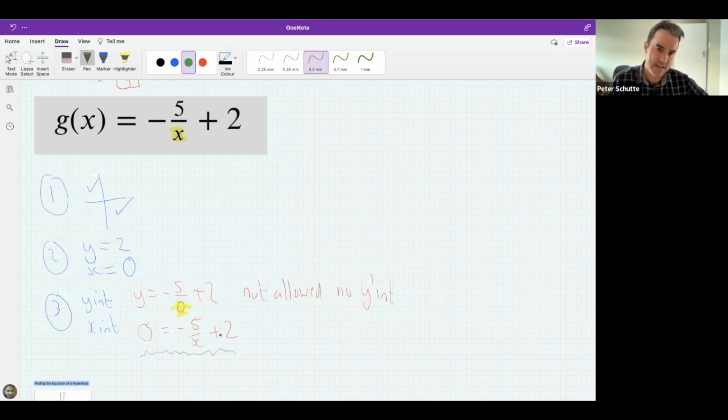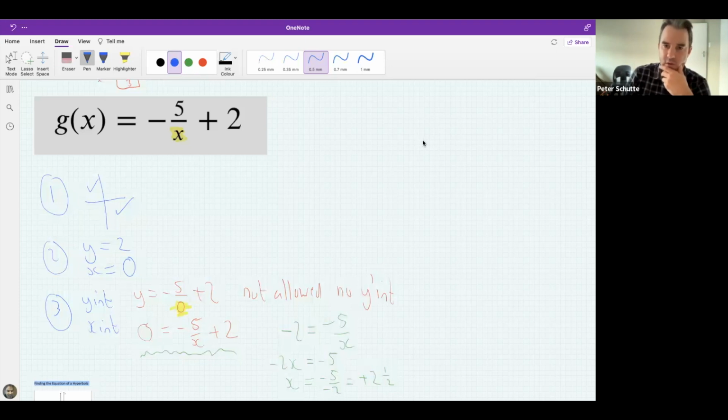I haven't done it yet, but I think if I bring it across, I'll get -2 equals -5 over x. And then when I bring this x back, I get -2x is -5, which then leaves me with x is -5 over -2, which is actually positive 2.5 or 5 over 2.